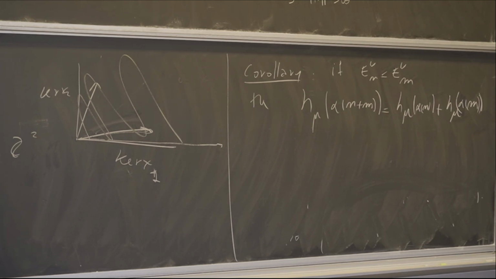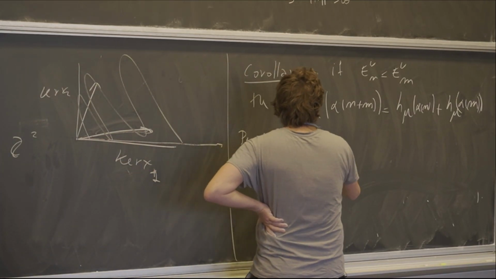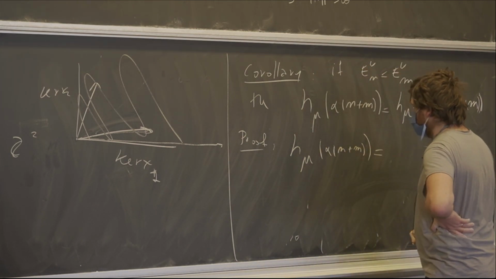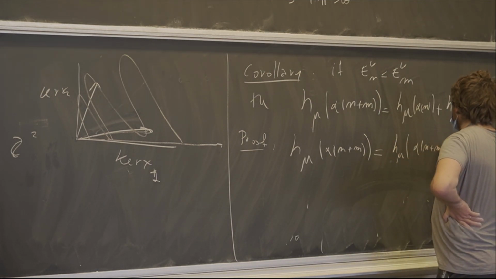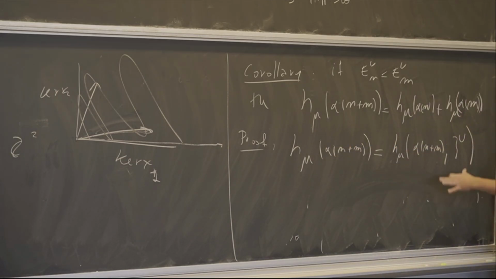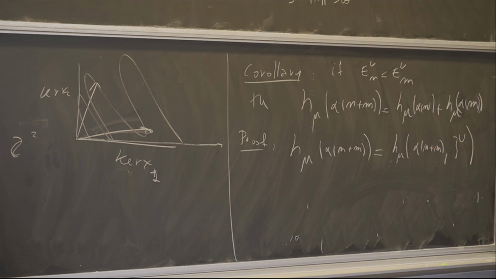Okay, let me go back and say again what I said. So this follows from the fact that h mu for this guy will be the same as with respect to this partition created by Huyi Hu. And now when you compute with respect to this partition, which is increasing for alpha n and increasing for alpha m, and also increasing for alpha n plus m by direct computation, this guy is the one that will split.